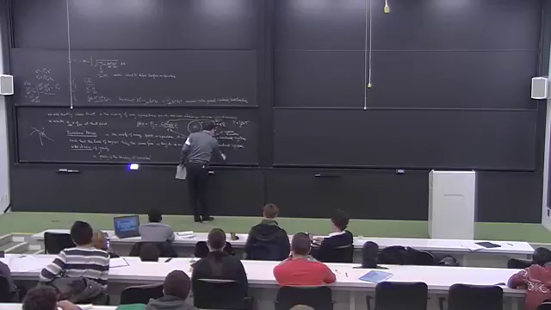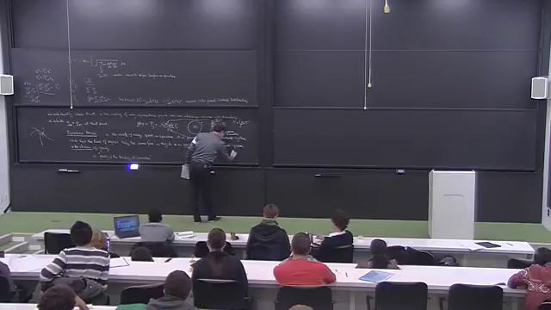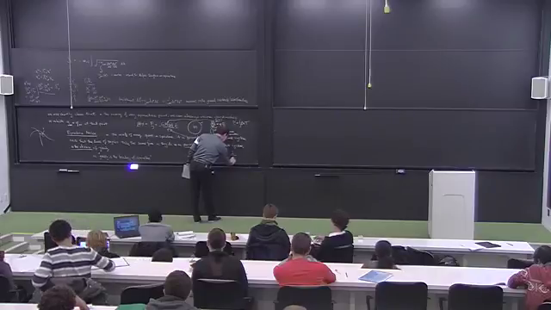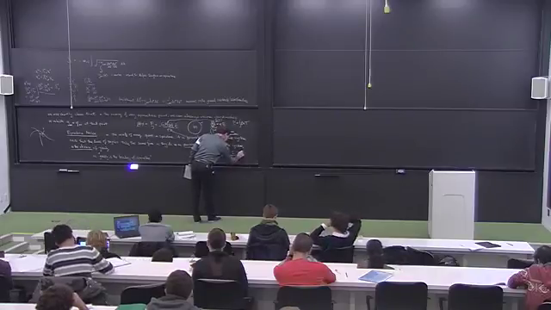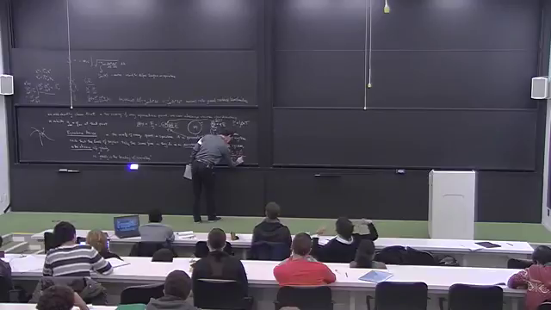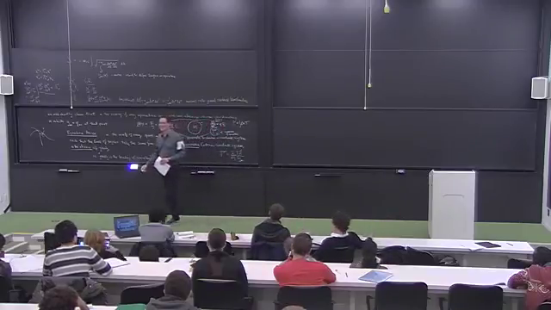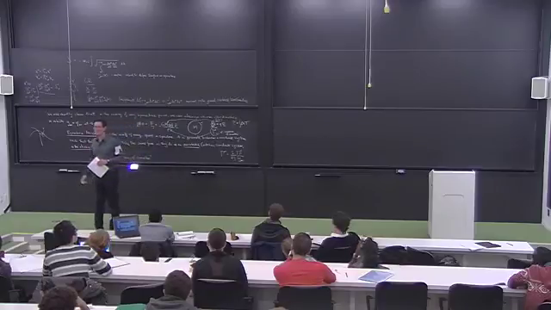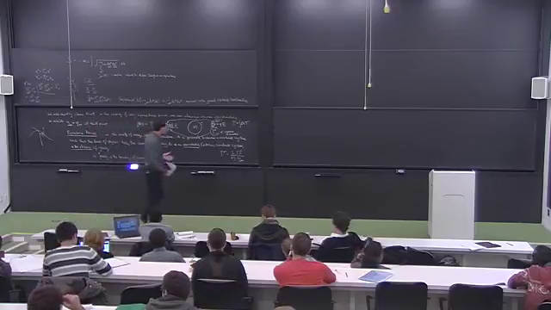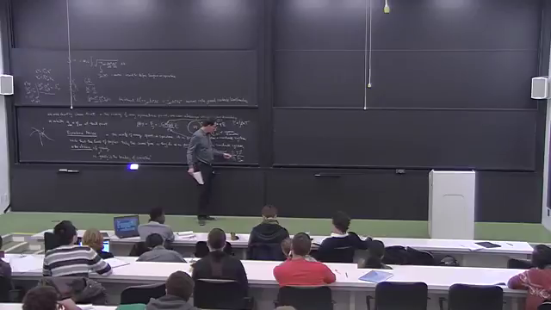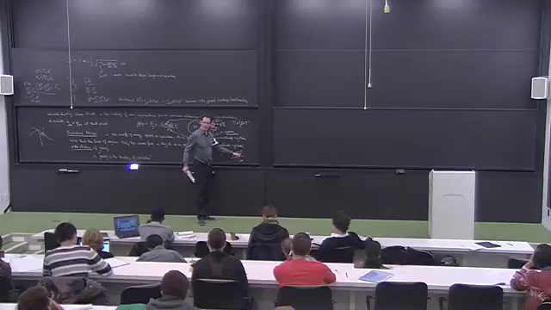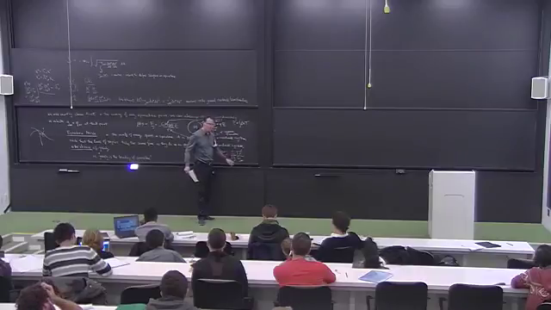Well, the general formula is that the stress energy tensor is equal to 2 over root minus g of the variation of the action with respect to the metric. So you'll see why this happens. Essentially, this happens because the Einstein equations follow from varying the action with respect to the metric.